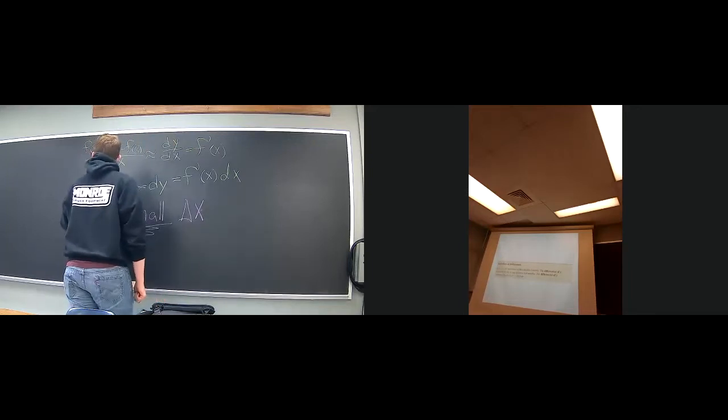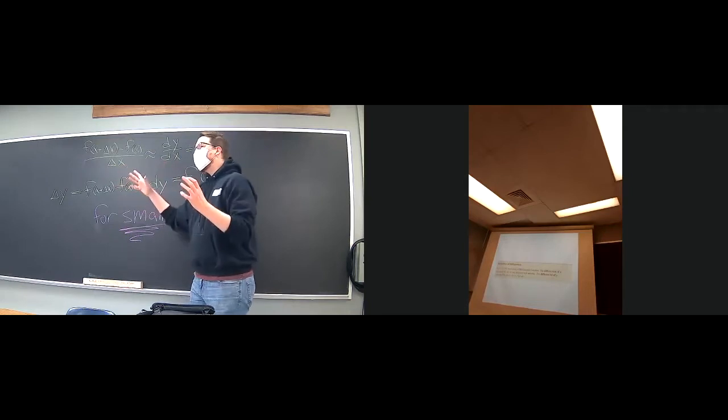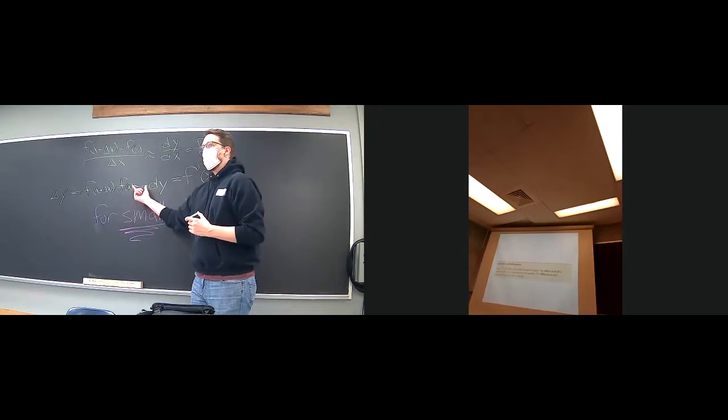You're going to be left with f of x plus delta x minus f of x, which is equal to delta y. So all we've done here is we've said we're going to let this thing get really small, and it's going to approximate dx. When that happens, we can say these 2 things almost cancel out, so these 2 statements are approximately equal. Does that make sense?